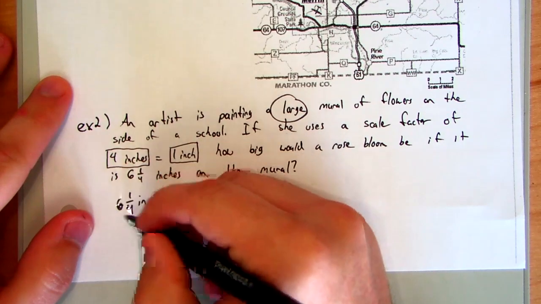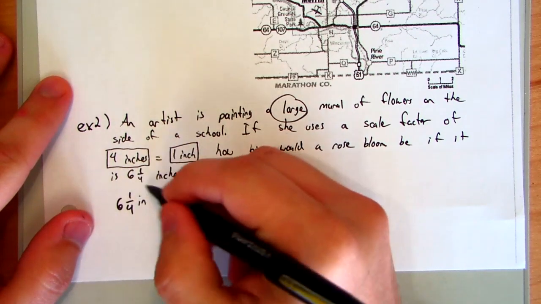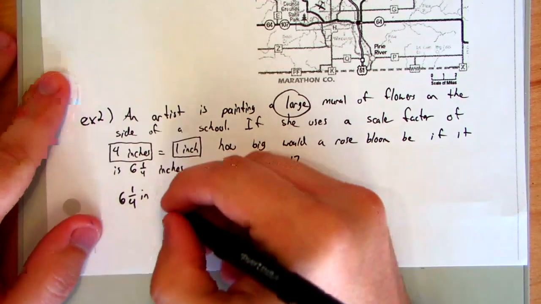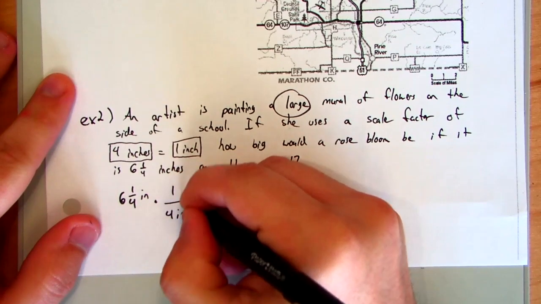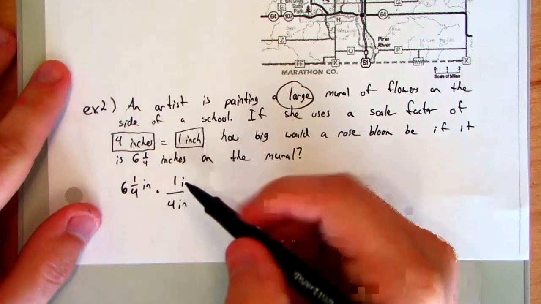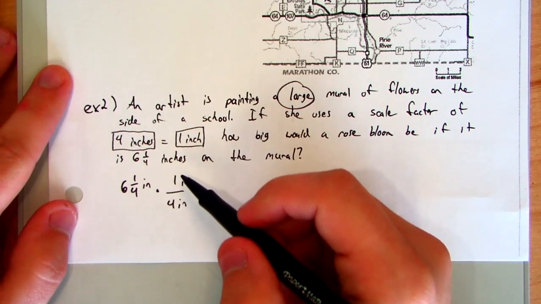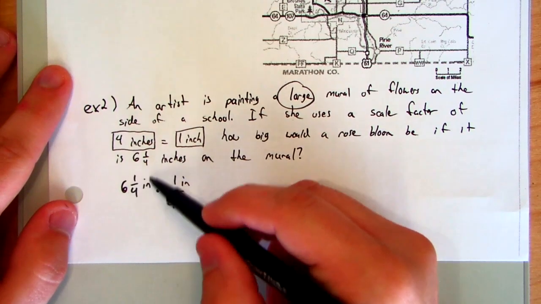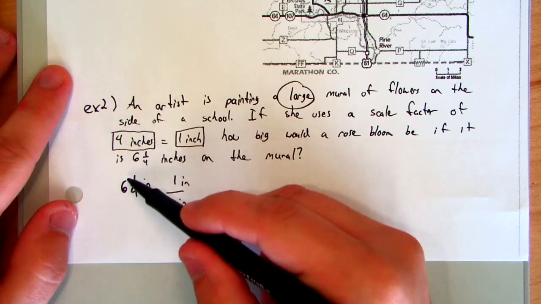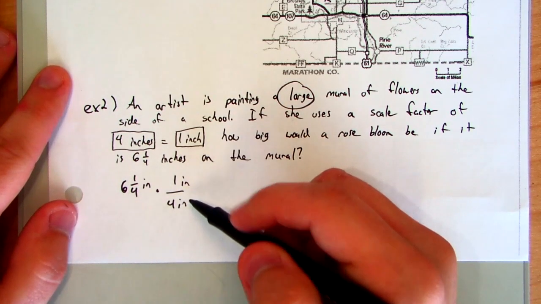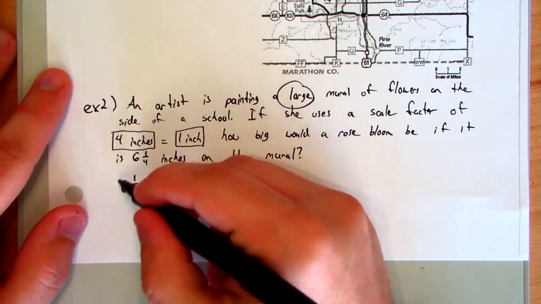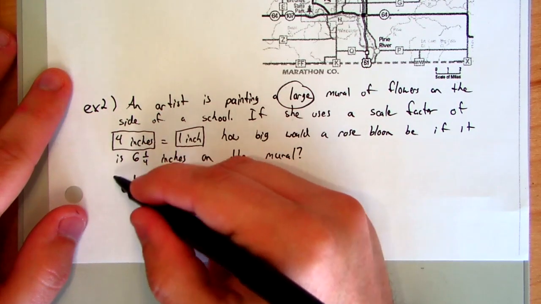So we have the mural in the numerator here, which means I want to multiply it by 1/4. The reason why is because the mural is 4 times bigger, which means the actual number has to be divided by 4.